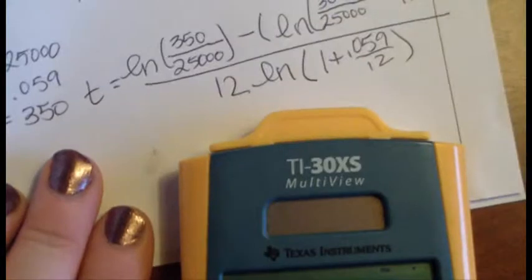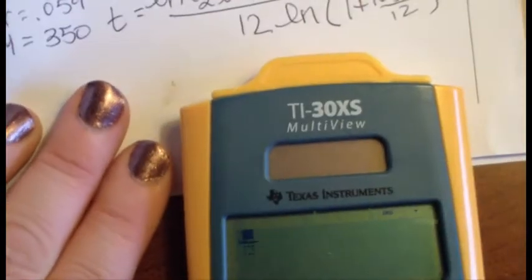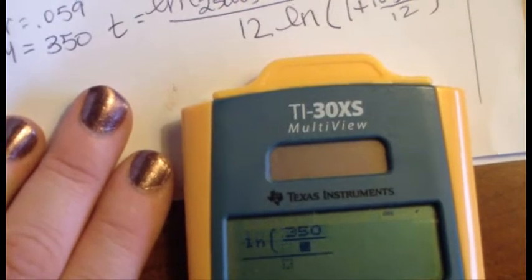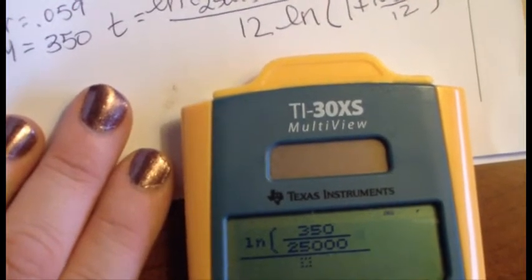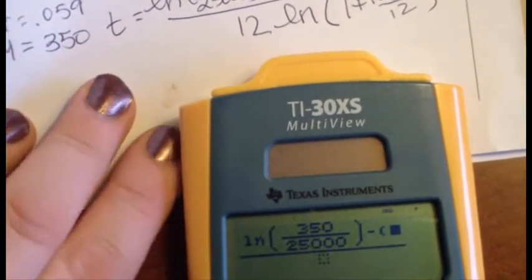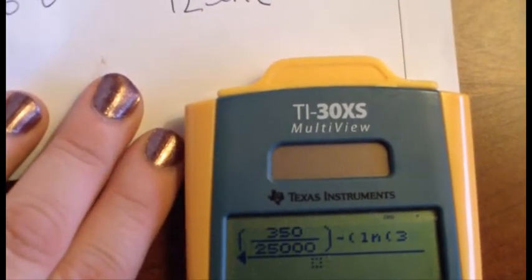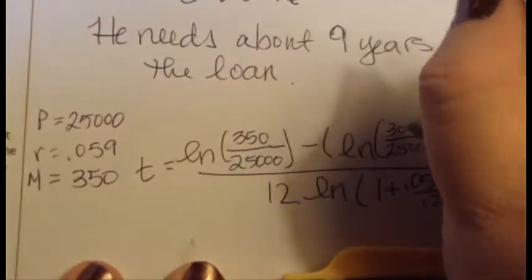All right, so we got natural log of 350 over 25,000 minus natural log of 350. Oops, notice I put 300 there.